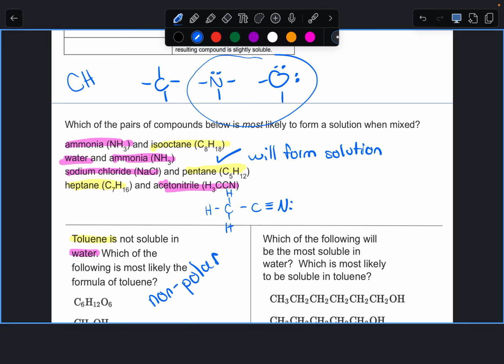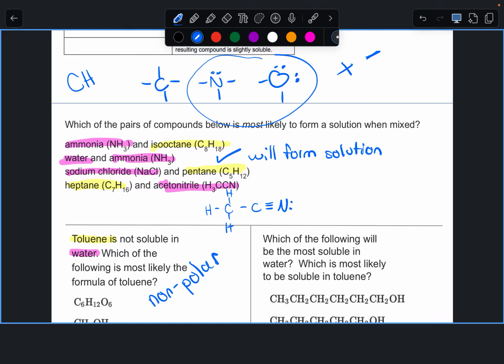And then also remember that ions are like an extreme version of something being polar, because when we say it's polar, we're saying there's a partial positive and a partial negative side of the molecule, or points on the molecule. Whereas if we're talking about ions, now it's just a full positive and a full negative, okay?